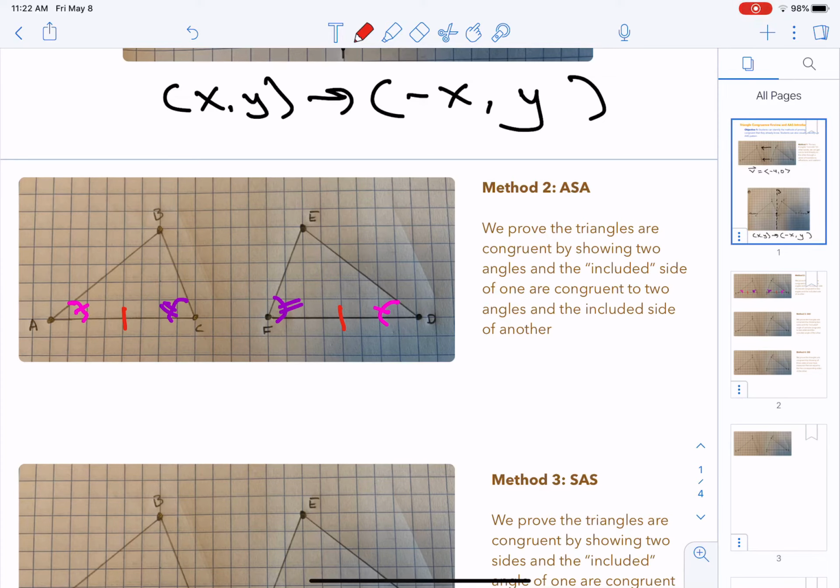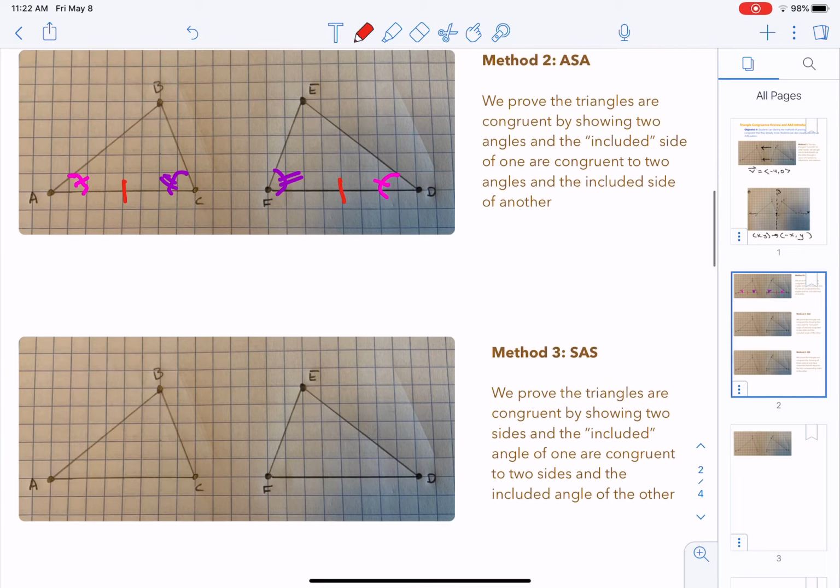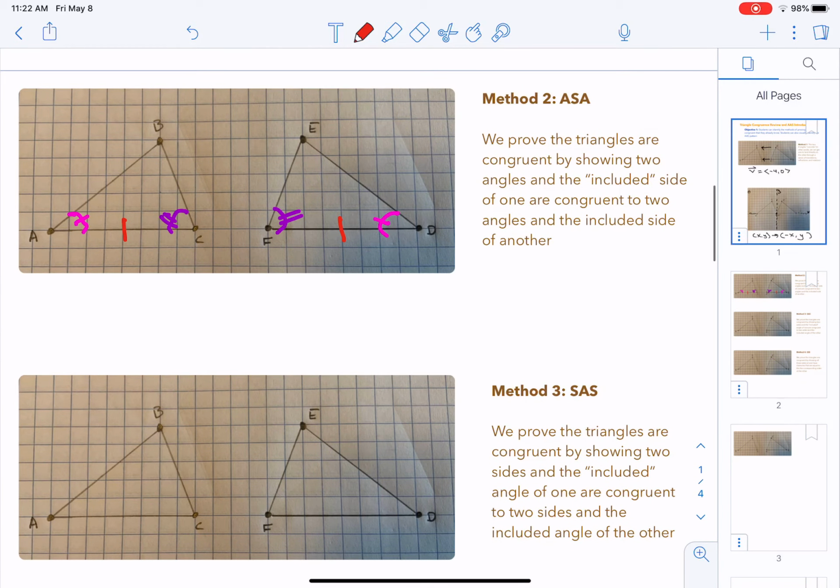Then the 2 triangles are also congruent. Okay, so that's a model of ASA.